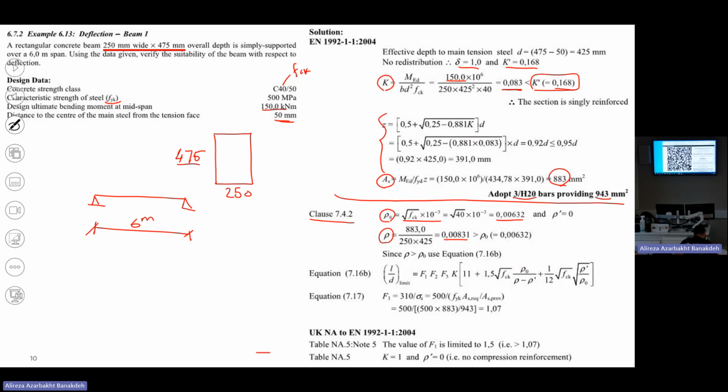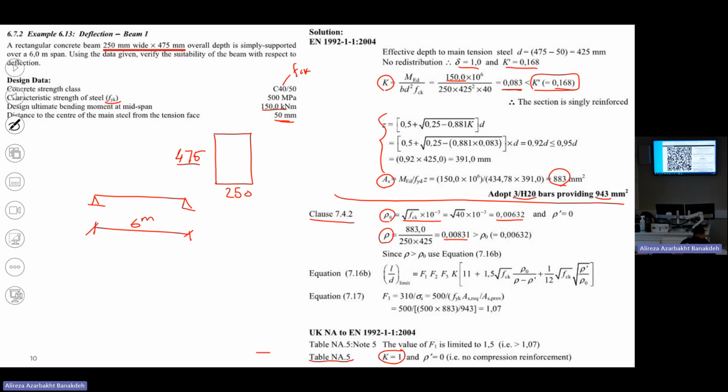EN 1992, right at the top. No, that's the name of the book. K is not mentioned, is it? The book doesn't reference it here for some reason. K is 1, national annex 5. That's fine, like that. Yeah.